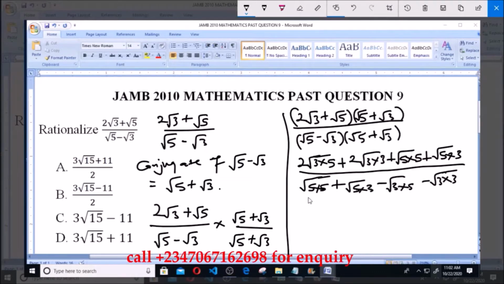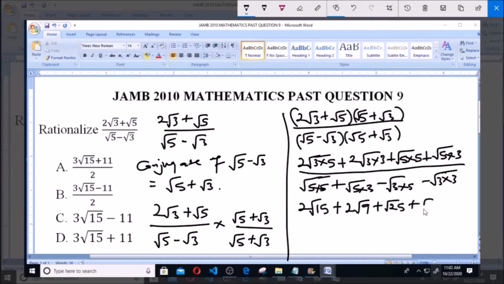Now from here we'll be having 2 root 15 plus 2 root 9 plus root 25 plus root 15 all over root 25 plus root 15 minus root 15 minus root 9. Now minus root 15 we can plus root 15, we cancel it.